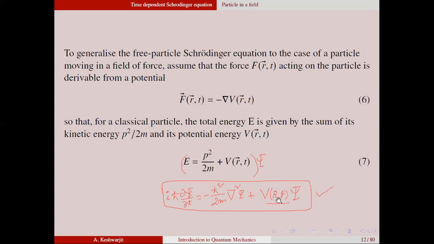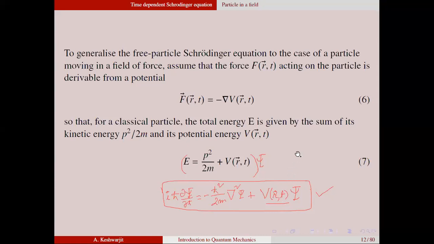We are going to solve this equation again and again by changing V, because different cases will have different V's. For example, for the electron in a hydrogen atom, this V will be the potential energy of the electron in a hydrogen atom.